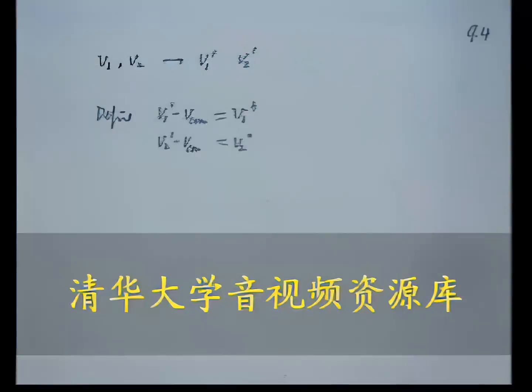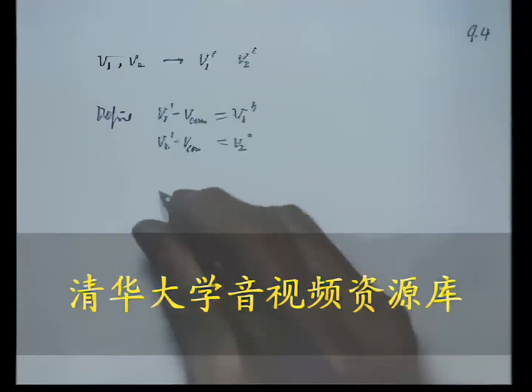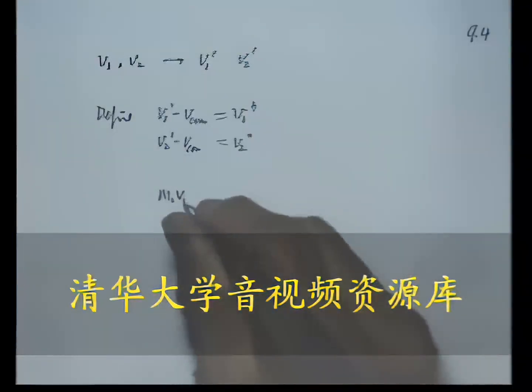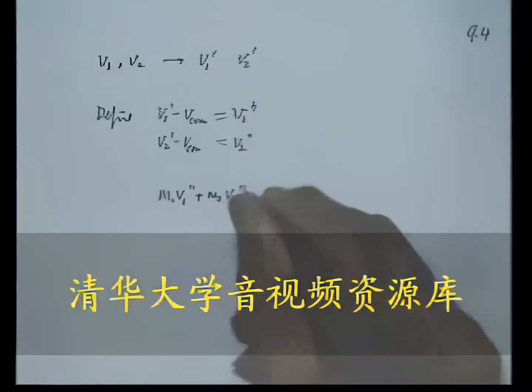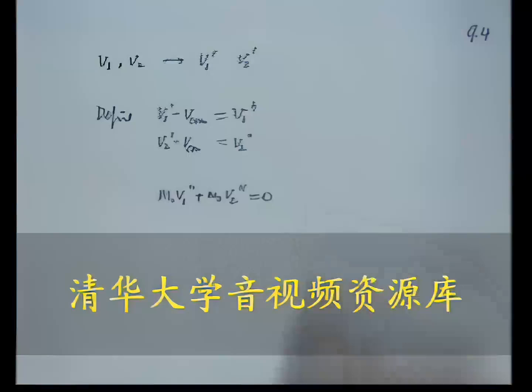So now let us try to ask what is the conservation of momentum. The conservation of momentum means that the original momentum is conserved. I claim m1 v1 double prime plus m2 v2 double prime is equal to 0.